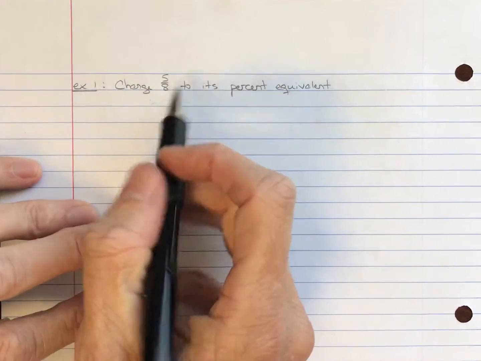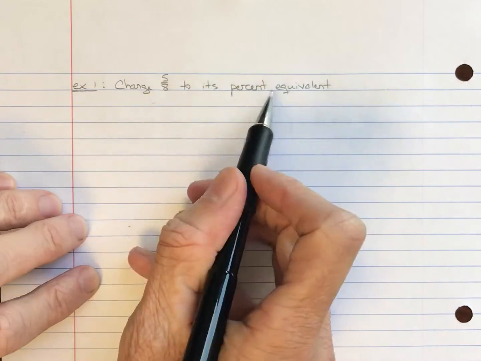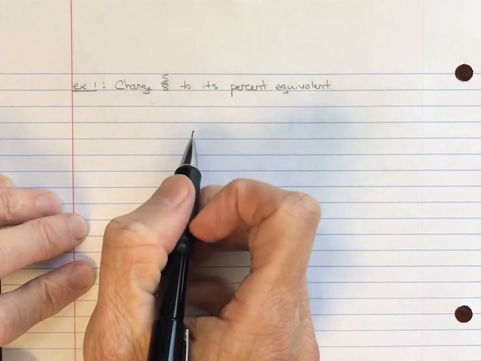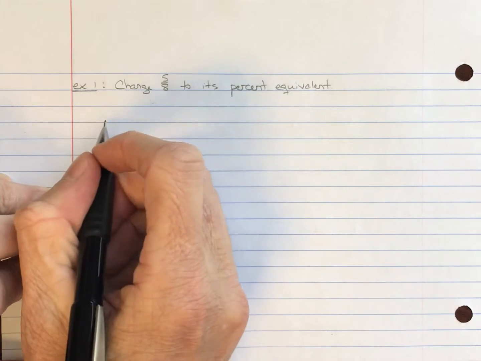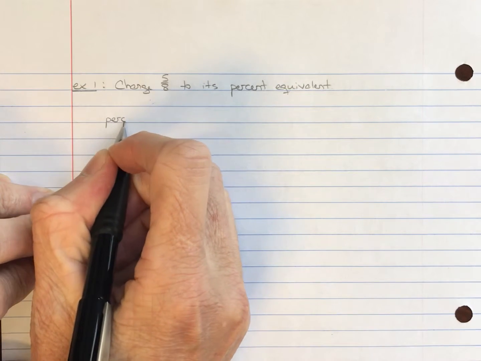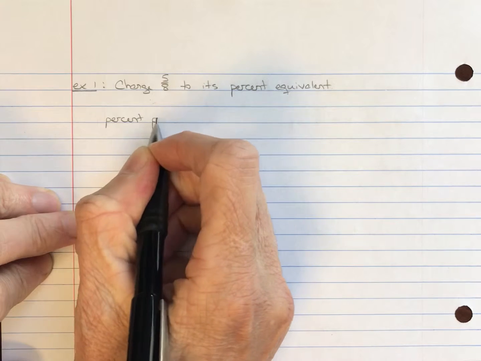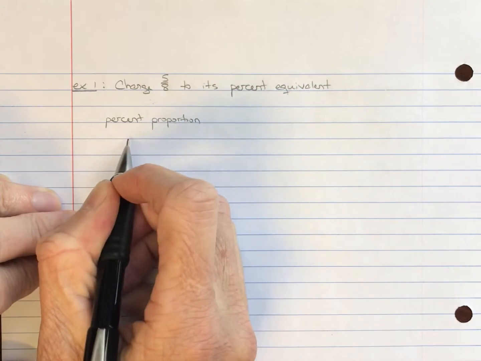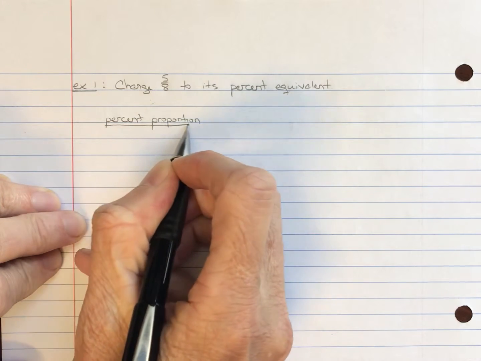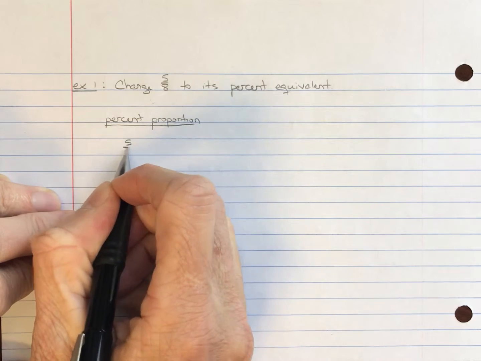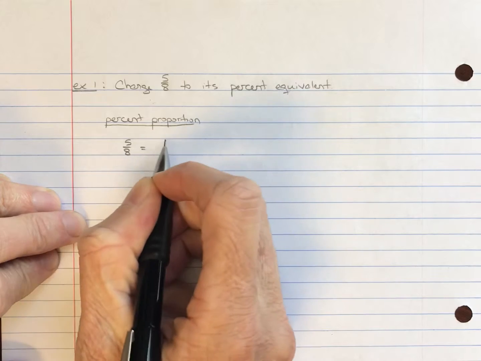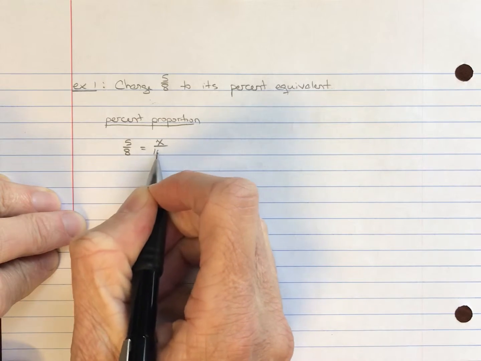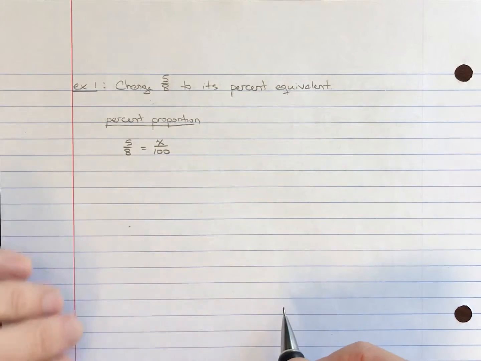The first one, let's change 5/8 to its percent equivalent. The percent proportion, we'll look at that first method, tells us that 5/8 equals the percent out of 100. This is the percent proportion.